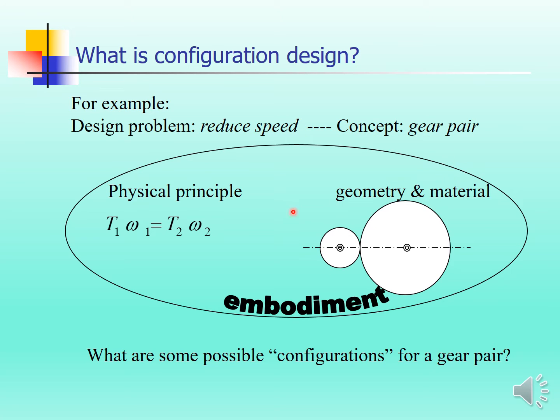Okay, and then the physical principle is this formula, T1 omega 1 equals T2 omega 2, and the idea is like this. You use a small gear and a big gear. Okay, which one is the driver, the drive gear and the driven gear. Okay, we call this embodiment design.